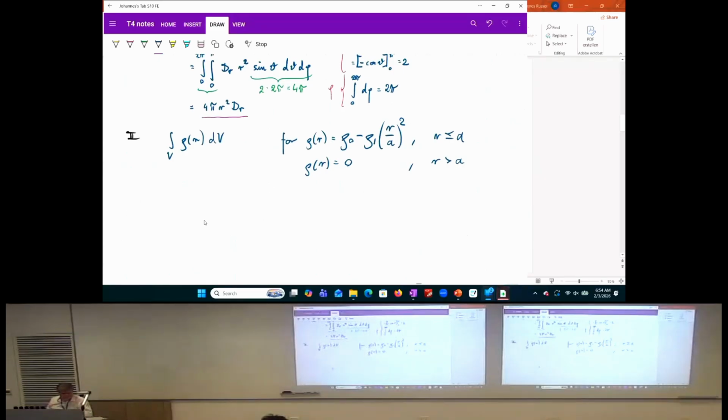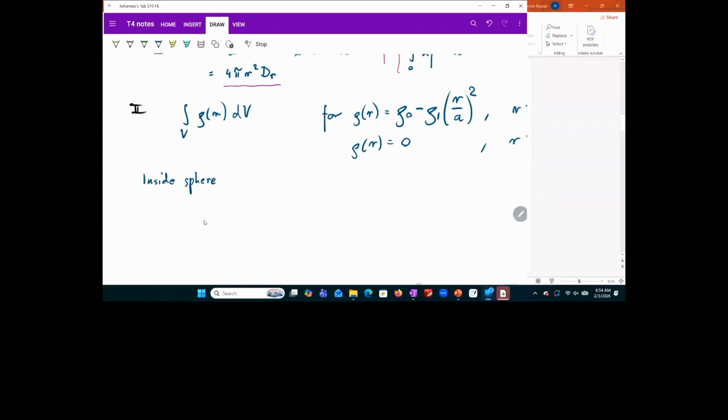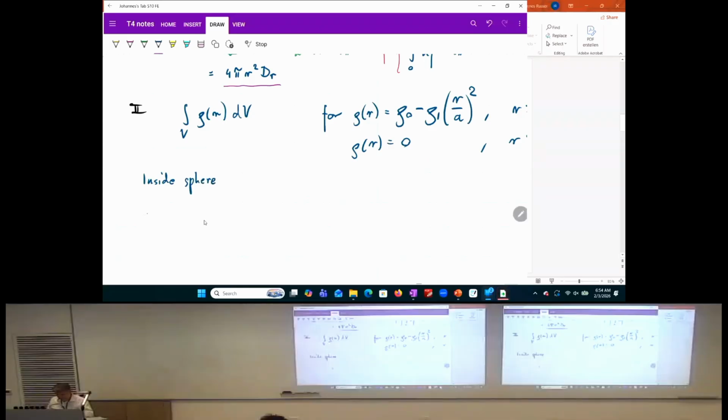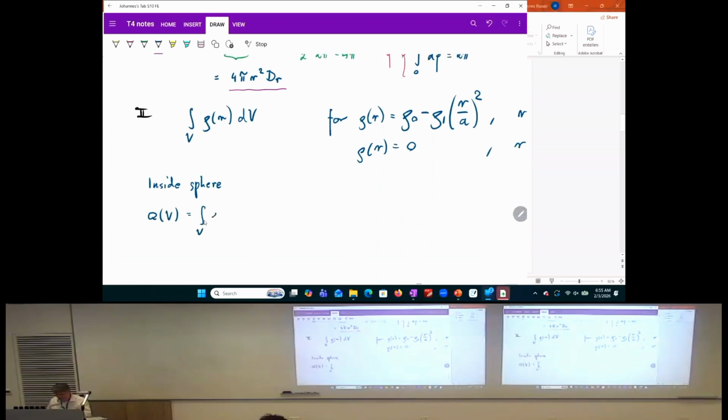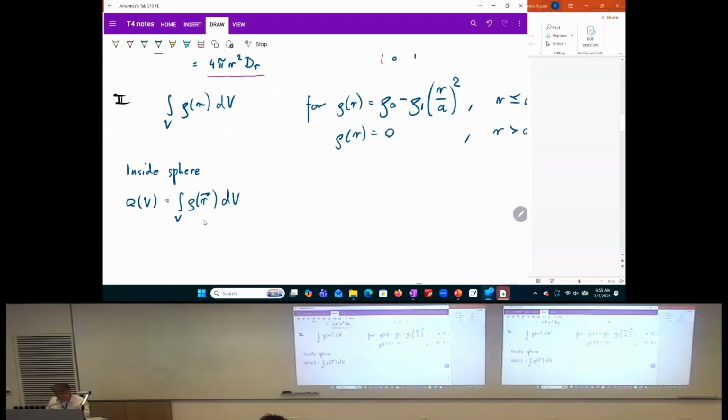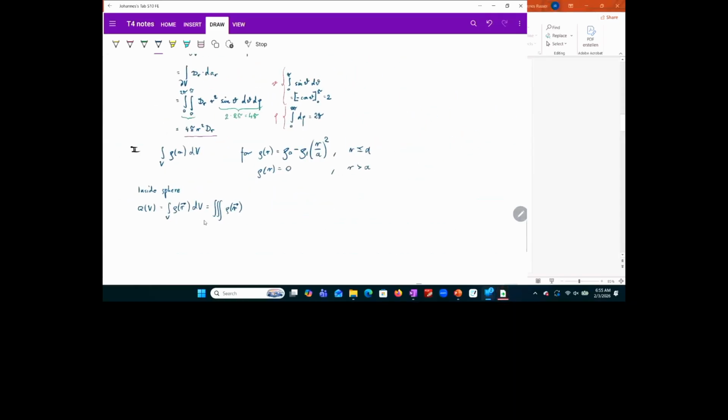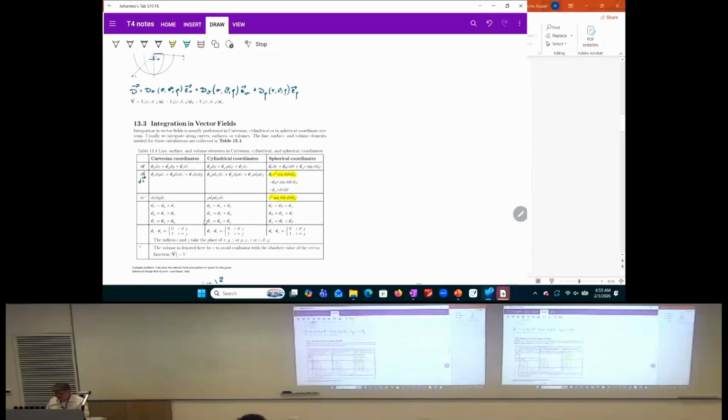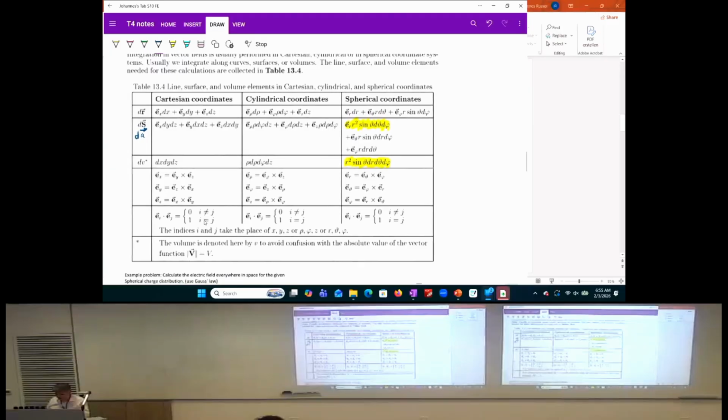Now we are inside the sphere. What is our charge here? Q of the volume is integrating over the volume rho of r, and we do a spherical integration. We integrate rho of r, and here we have to take now into consideration that we're doing a volume integration in spherical coordinates.